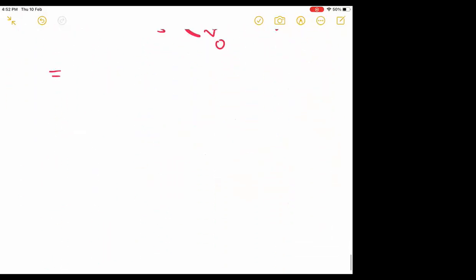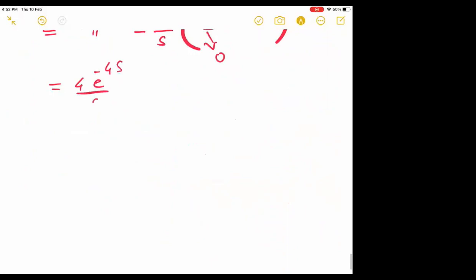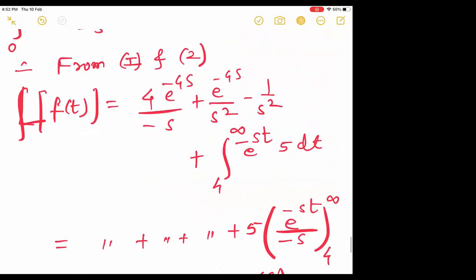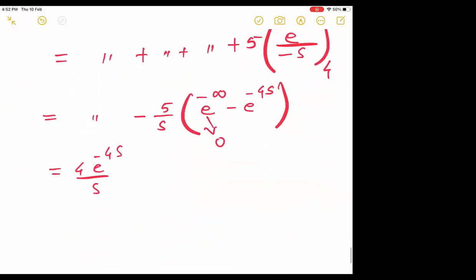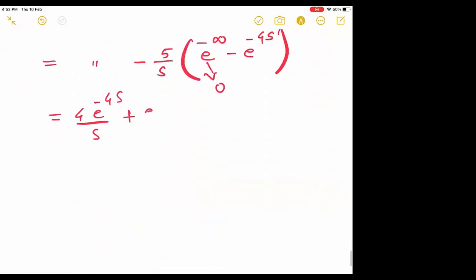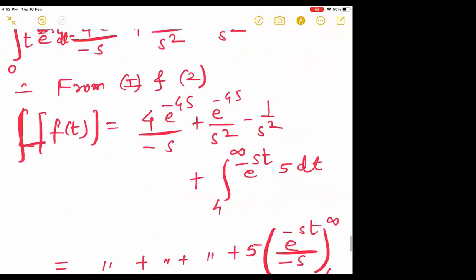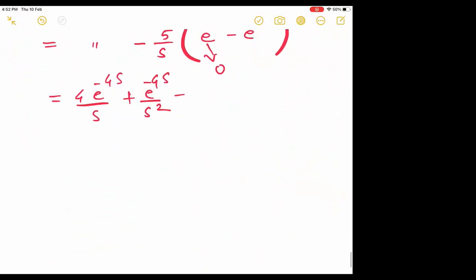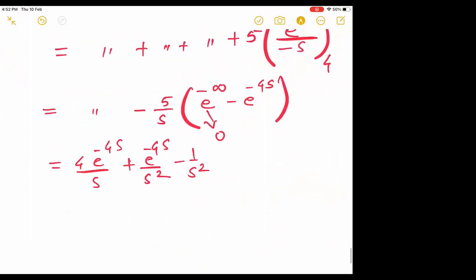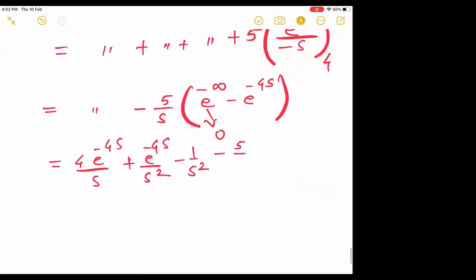So 4 into e raised to minus 4s upon s. Second term is e raised to minus 4s upon s square minus 1 upon s square, and the last term minus 5 upon s into minus e raised to minus 4s.